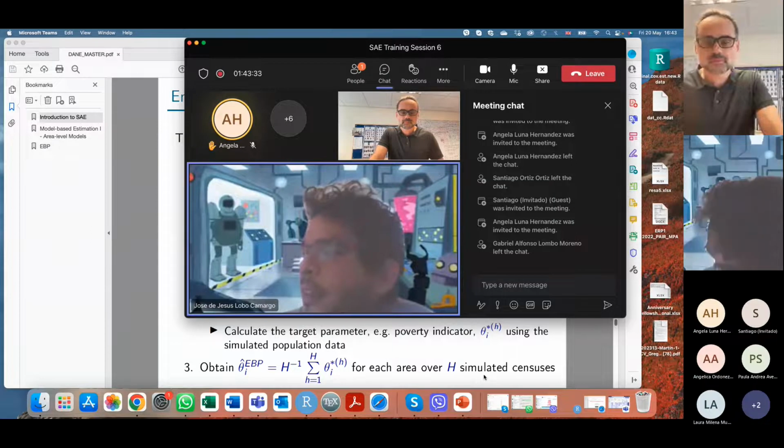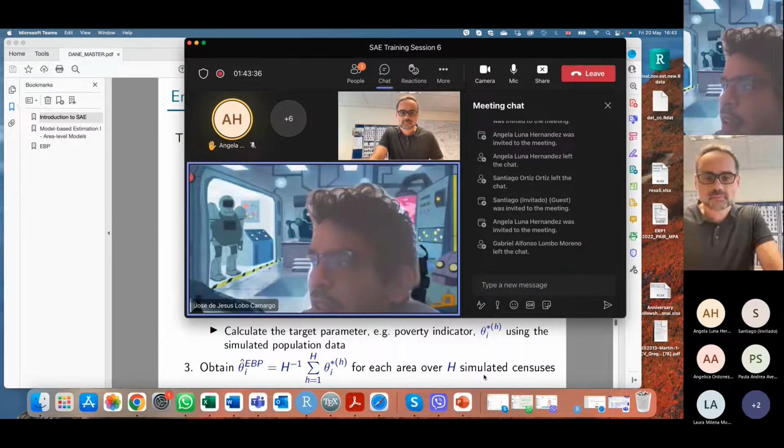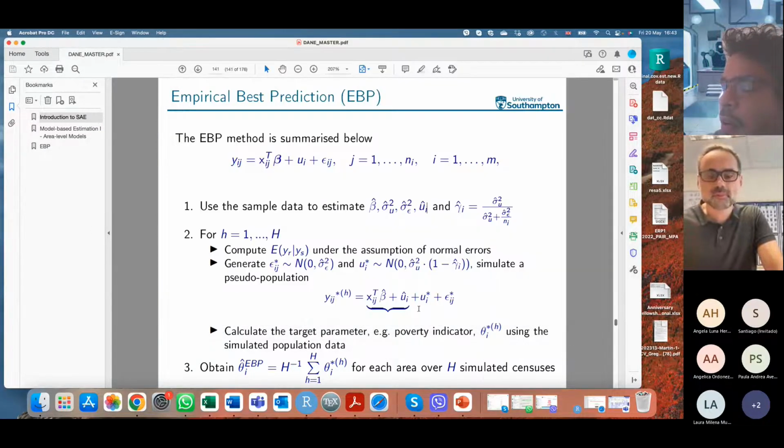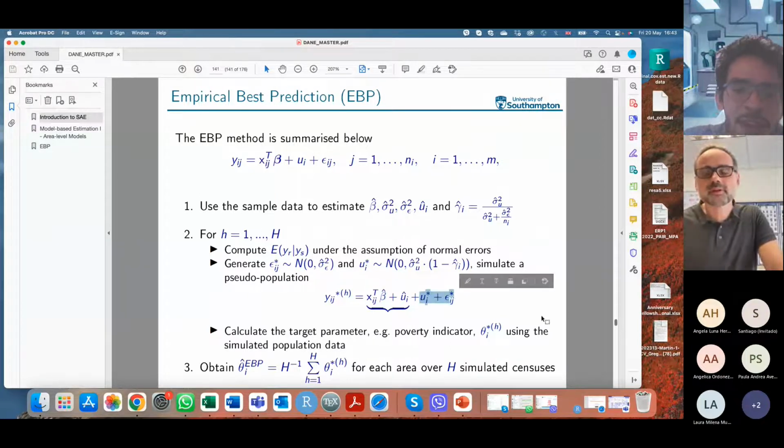Okay, and the other terms of the model come from the sampling. The other U comes from the sampling. Yes.